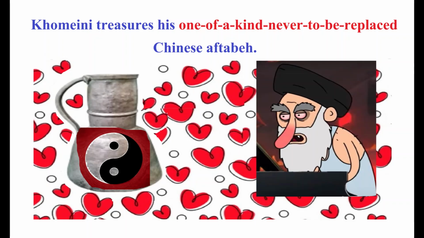Then we can have 8 words together. Khomeini treasures his one of a kind, never to be replaced Chinese of the way. Yeah, they are big brother. China and Russia, they have helped these two supreme leaders, okay, Khomeini and Khamenei.